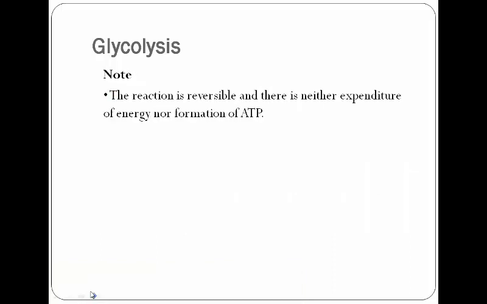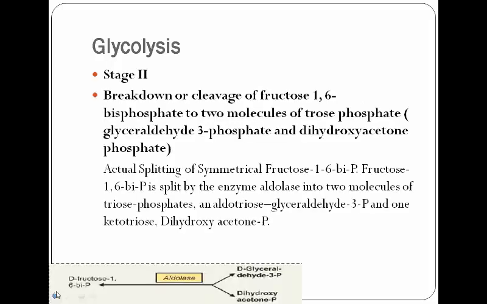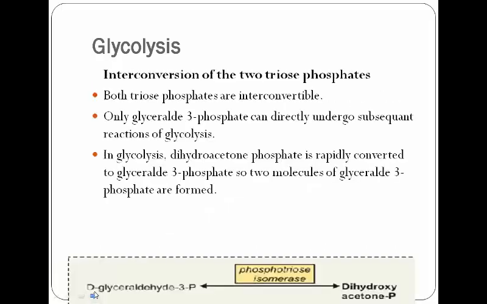This reaction is reversible, and in this stage no energy is either utilized or formed. The two trioses are interconvertible, and only glyceraldehyde 3-phosphate is able to undergo the further process of glycolysis.